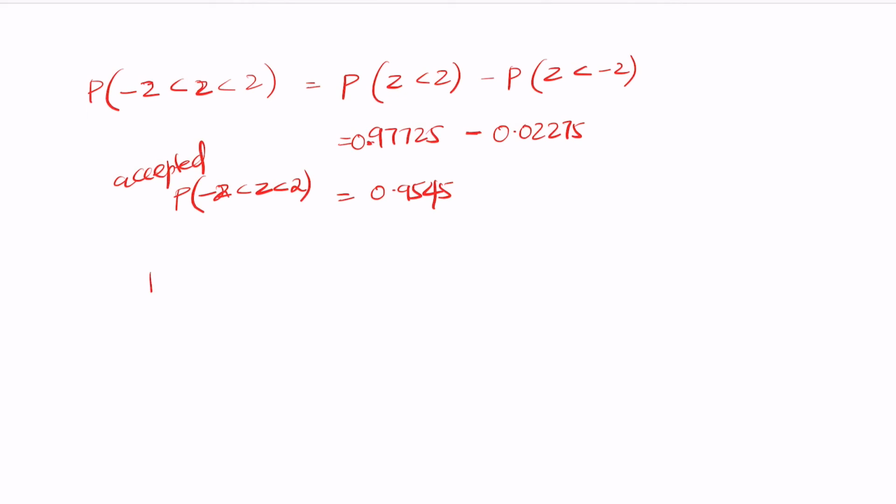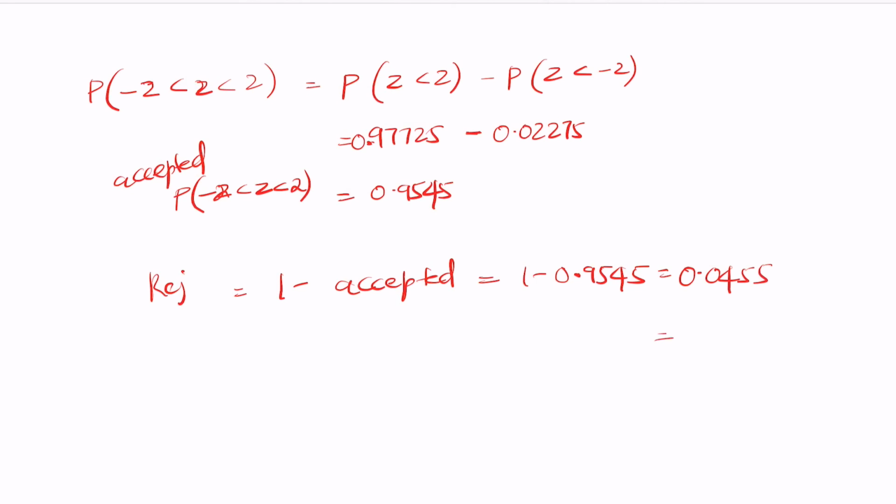What is the rejected part then? So rejected is 1 minus accepted. So 1 minus 0.9545 becomes 0.0455, or we can write it as 4.55%.